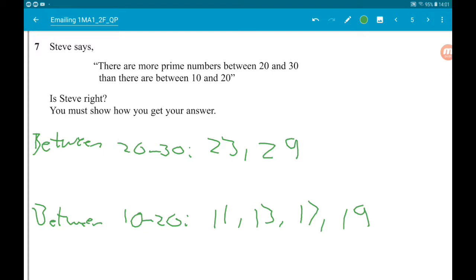So Steve said there were more primes between 20 and 30. Is he right? No.